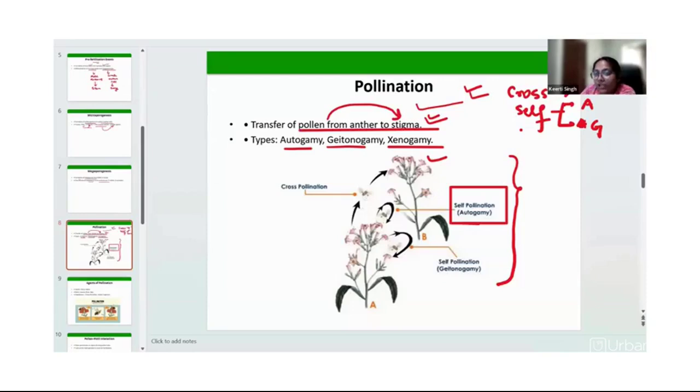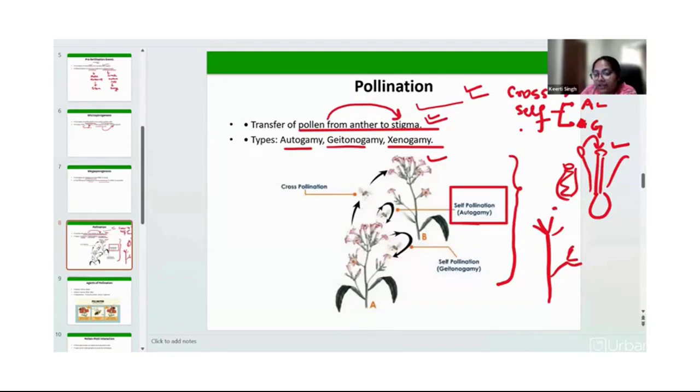So autogamy means, see, this is the typical diagram. This anther of the same flower is going to land on the stigma of the same flower. So it is known as autogamy. Suppose this is a plant and this plant is having a number of flowers.